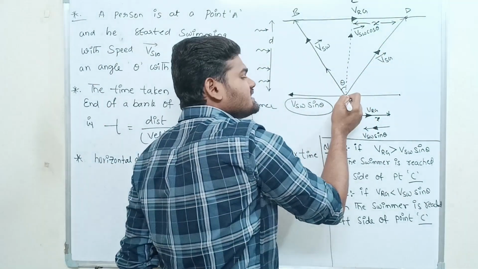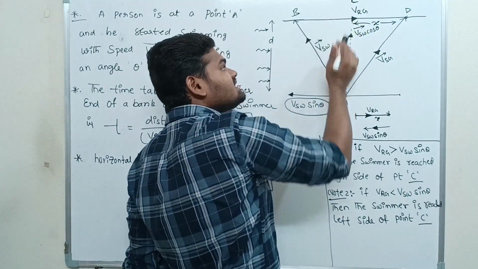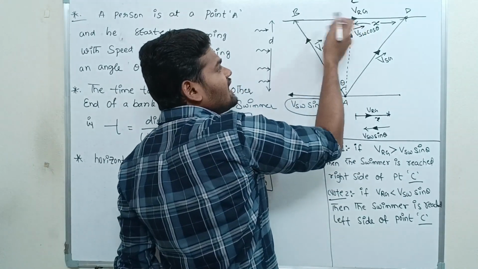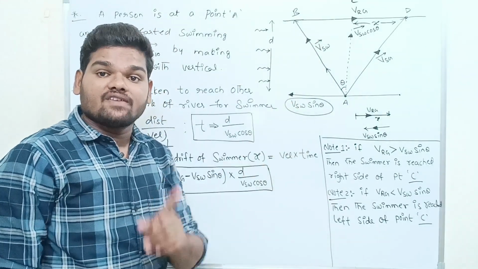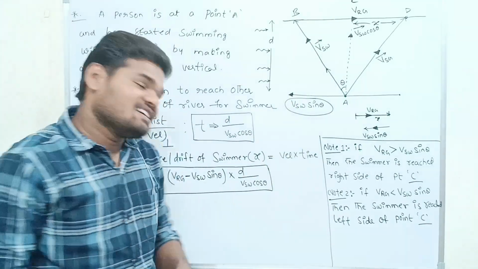Overall, the swimmer reaches the other bank of the river at the left side of point C. In this direction he reaches the other bank of the river. Is it clear? Okay, sir.